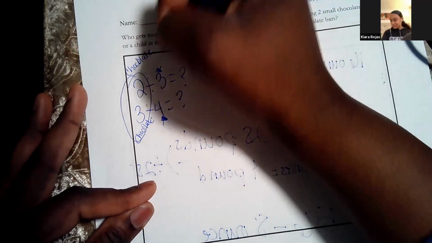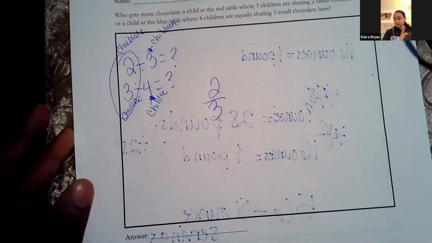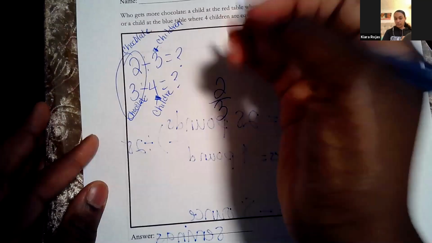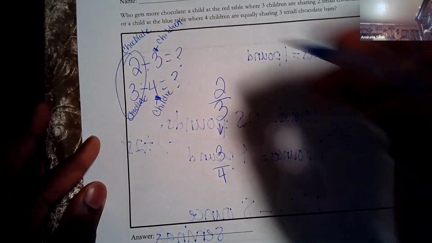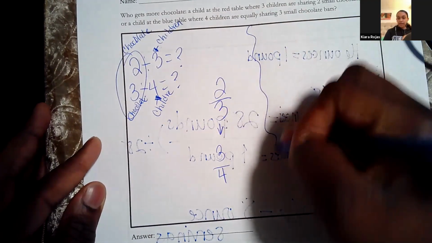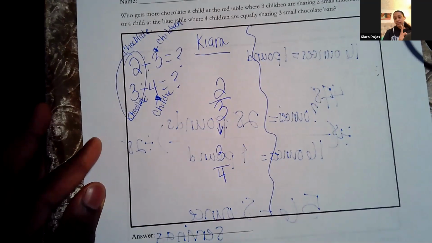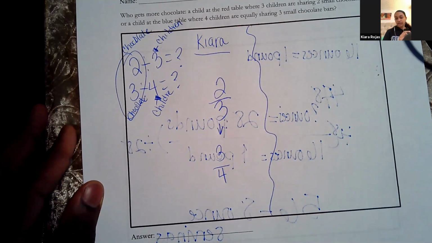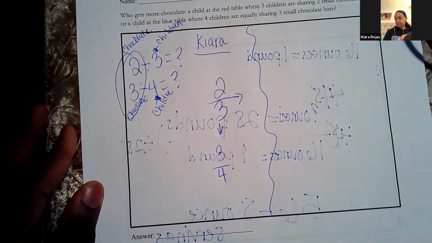Right. Okay, keep going. And so I did 2 over 3 into a fraction. Okay. And then right below it, I did 3 over 4. And I drew an arrow in 2 over 3. And then I knew that you can turn it into a decimal.